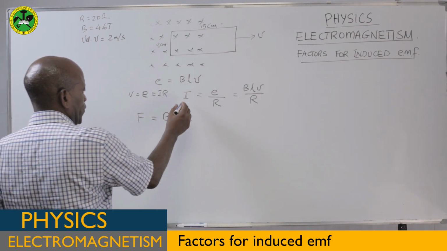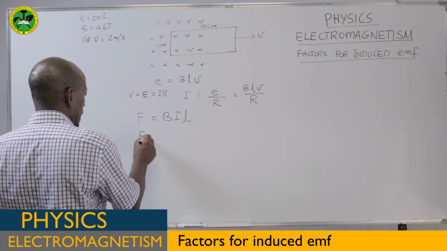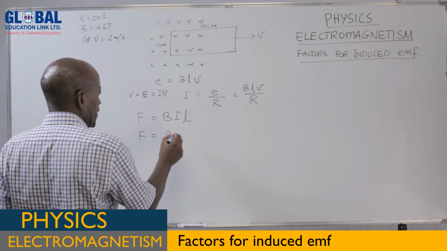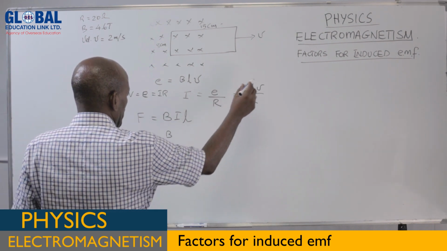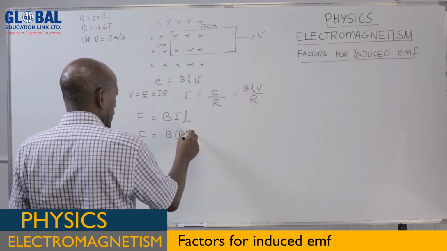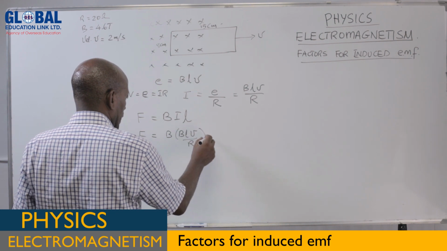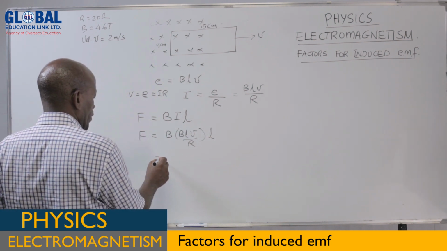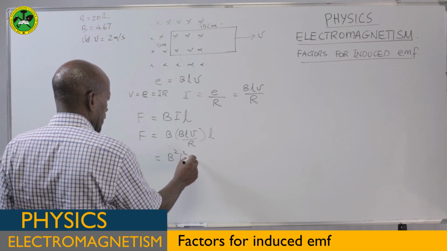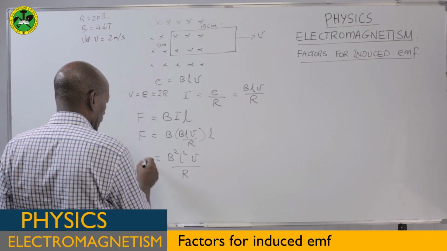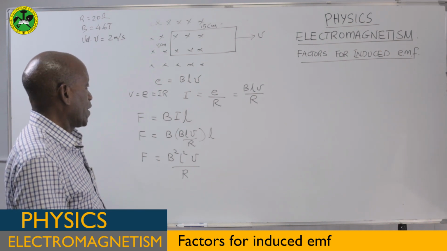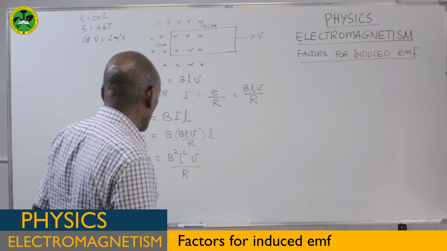So we can substitute this particular current into this expression. The force will be B times I times L, where I is equal to B times L times V over R. The whole of this gives the force equal to B squared L squared times the velocity V over R. So this is the force used to move it.